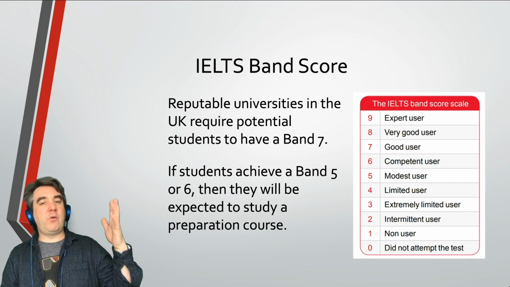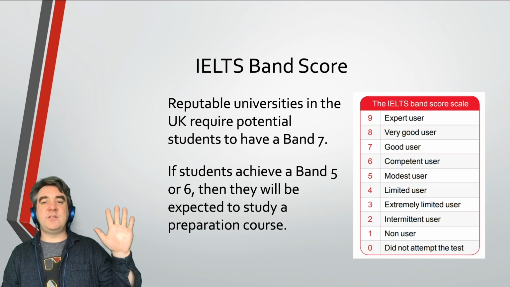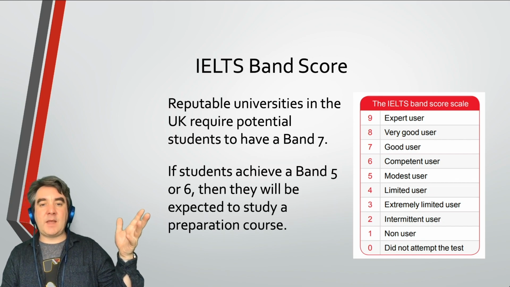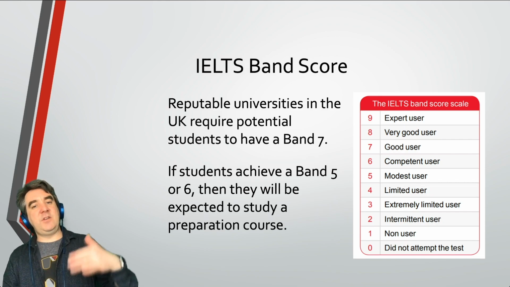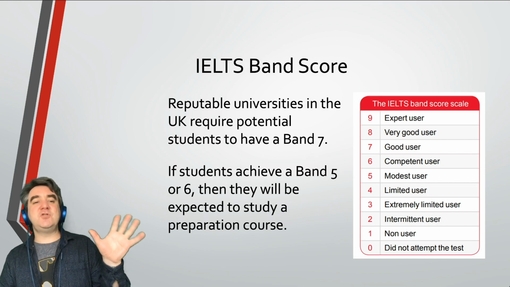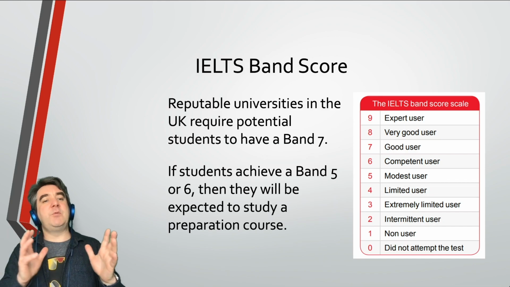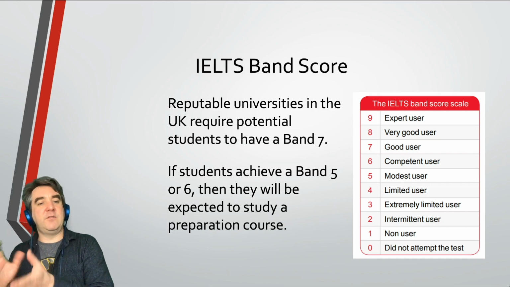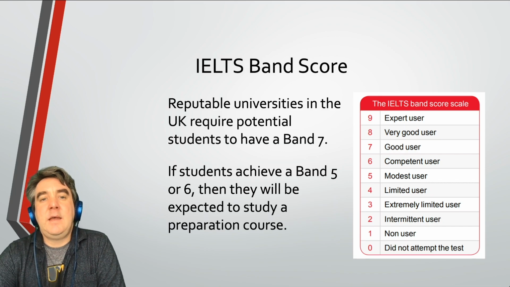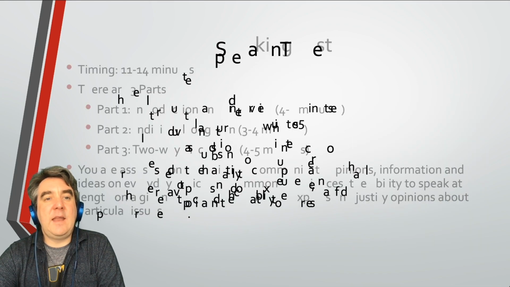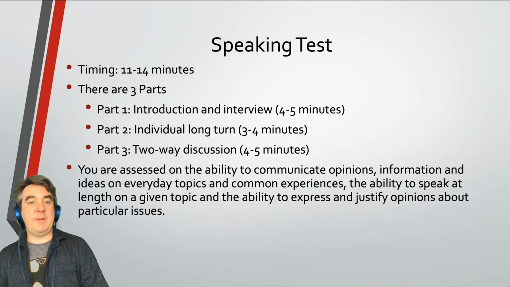If you get a 4 or a 5, you'll be looking to study maybe for a year before continuing with your university course. Whereas if you get a 6, then usually maybe a summer course will prepare students for their university studies.